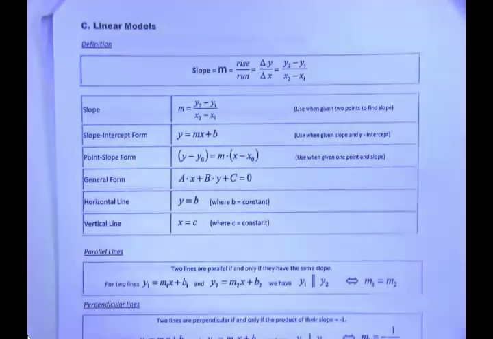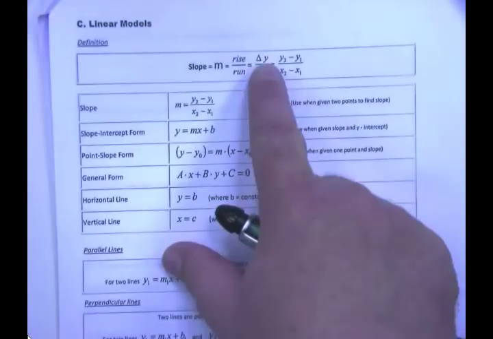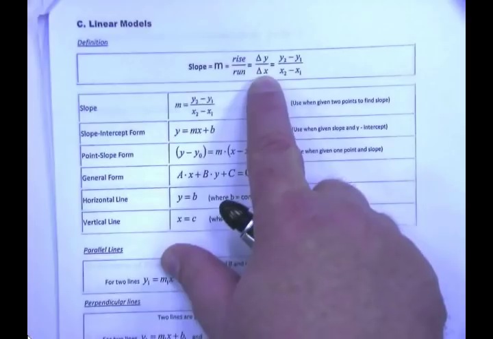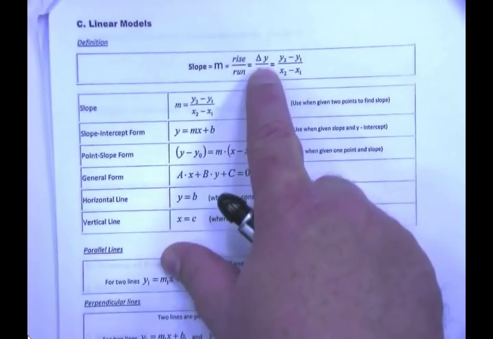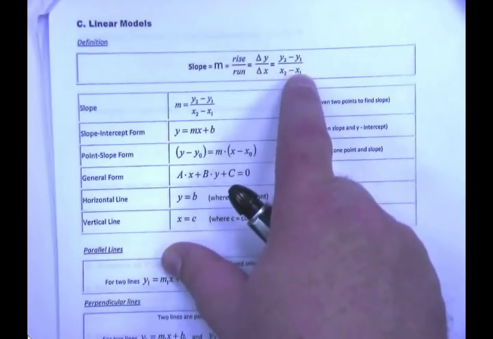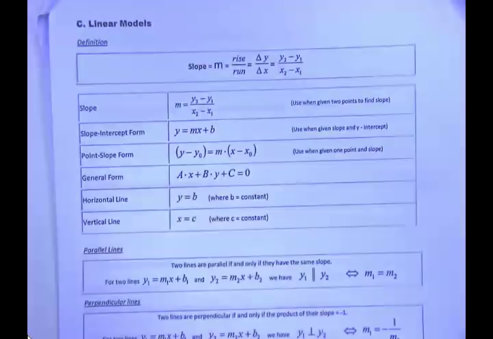In calculus and in mathematics, the symbol for change is the Greek letter delta. Delta y over delta x. Remember, delta stands for change. It's going to be something very important in our calculus concepts. So this is the change in y over the change in x, which is y2 minus y1 over x2 minus x1. Okay?